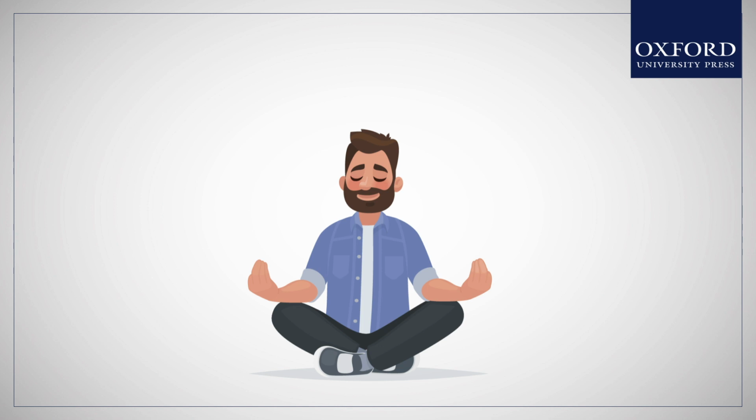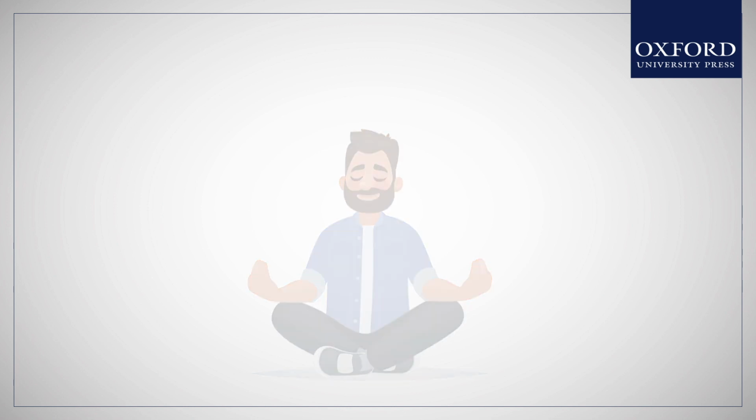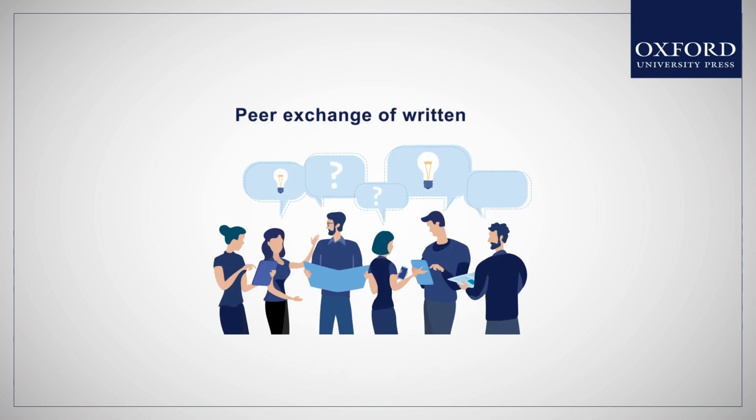And then the next step in this is to have a peer exchange of written ideas. So once they've framed the questions around their chosen topic, they would then talk about their ideas, collect a pool of ideas, and then exchange their written ideas so that each of them has access to what their peers have also written.